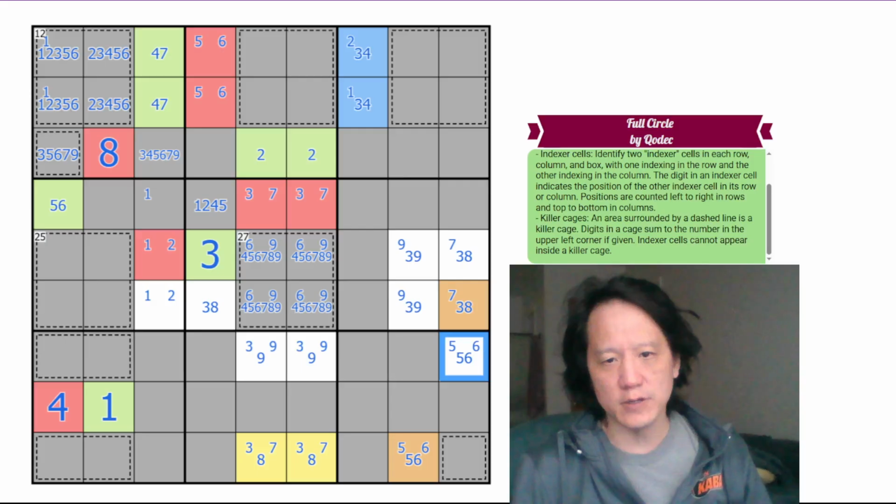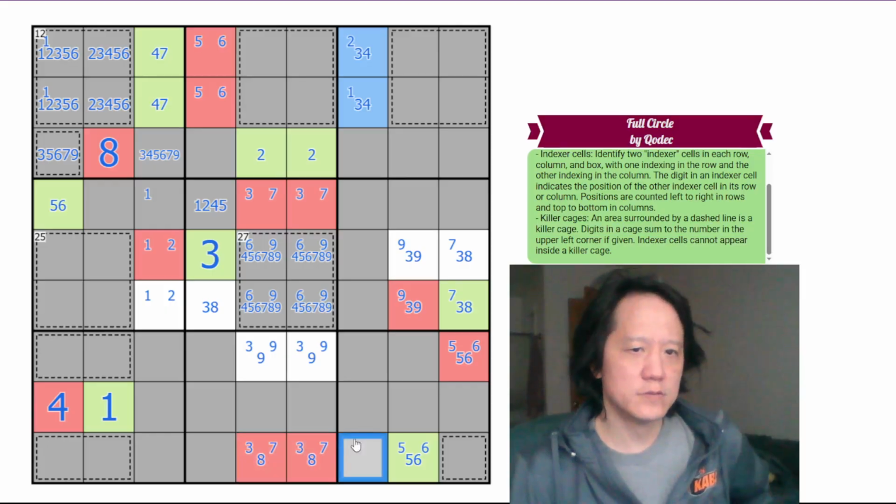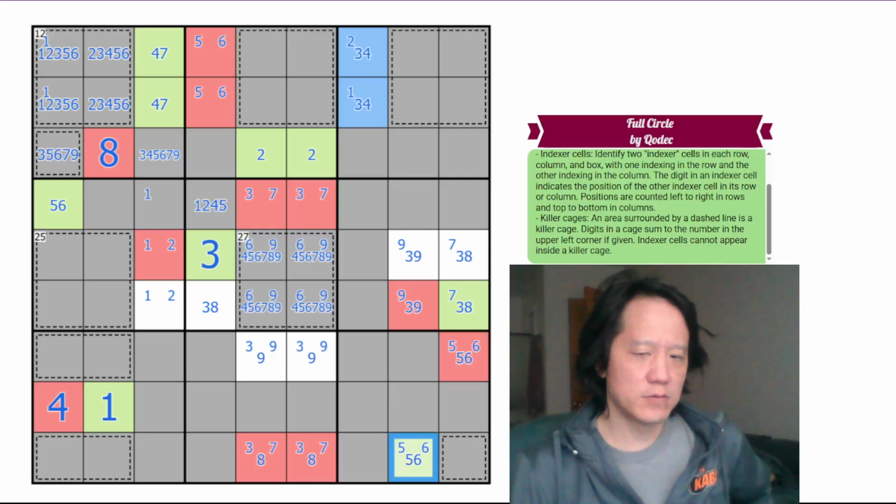This would then be red. That would force this to be green, this to be red, this to be green, and this would be red. If that's the case. Right? So this would be red and that would be green.